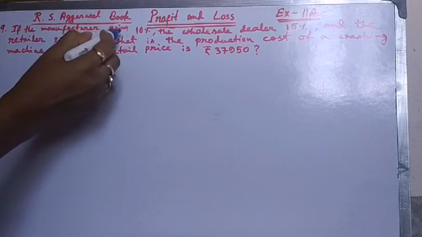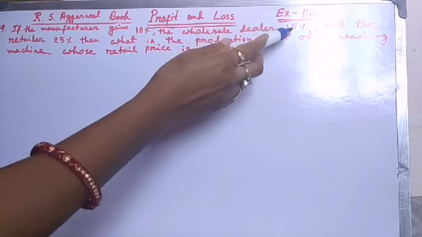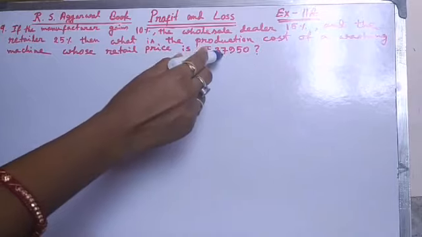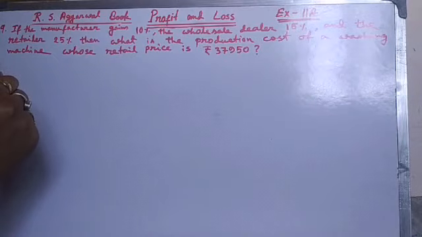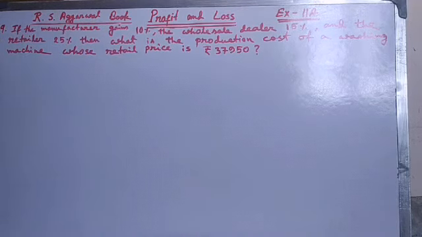That means this is manufacturer gain 10%, this is wholesale dealer gain 15% and retailer gain 25%. So here retail price is given. So that means this is the SP of retailer. Retail price is this one, that means retailer's SP is 37,950.